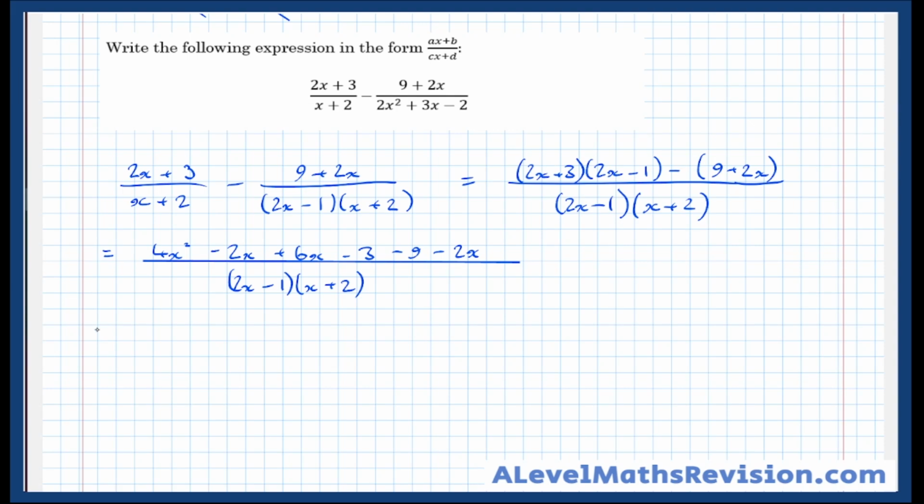So now let's gather up the like terms. So we've got on the top 4x squared, then we've got take 2x, take another 2x plus 6x, that's plus 2x, then take 3, take 9, that's take 12, all divided by, and again we've got 2x minus 1, x plus 2, and if we take out a factor of 4 from the top, in fact not 4, 2 is the highest factor they've got in common.